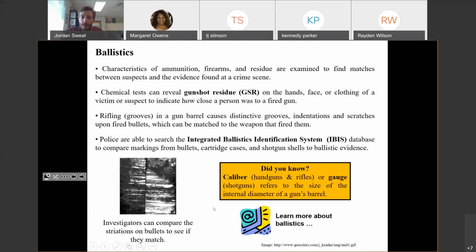And we also defined what caliber meant. That's for handguns and rifles very specifically, and that just refers to the internal diameter of the gun barrel. And the same thing for gauge. Gauge is referring to shotguns very specifically. So 12 gauge, 20 gauge, that's just referring to the internal diameter of the shotgun's barrel.